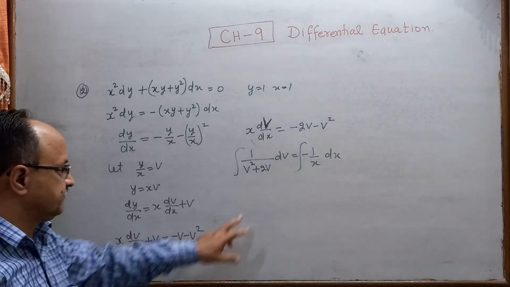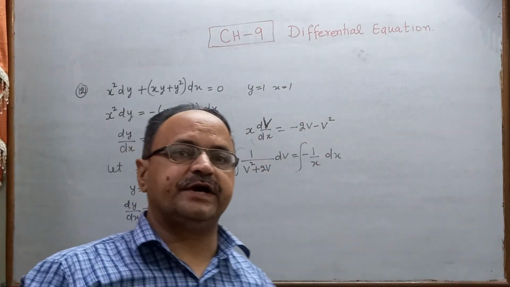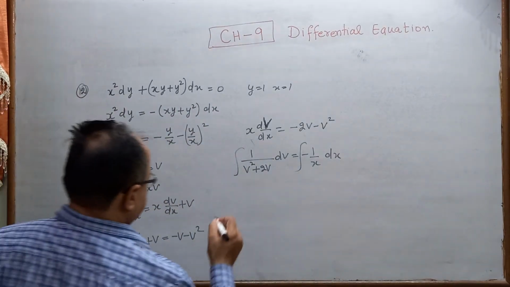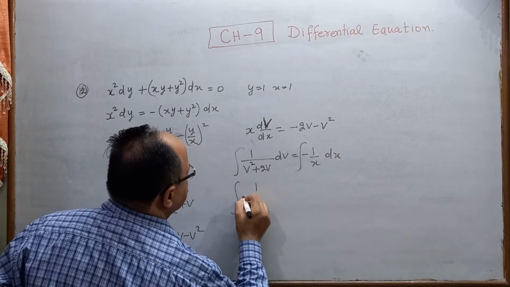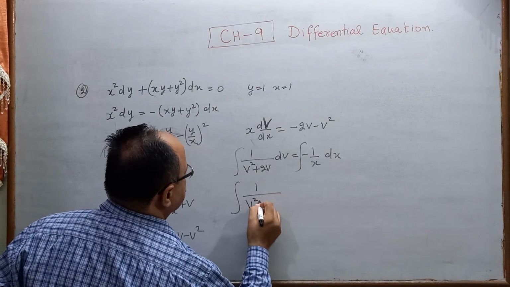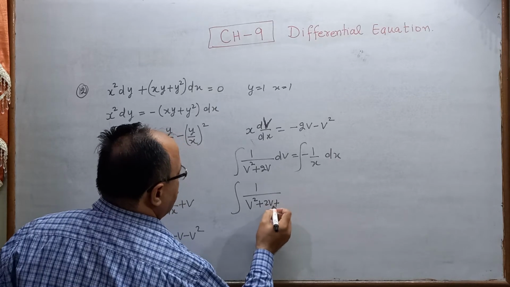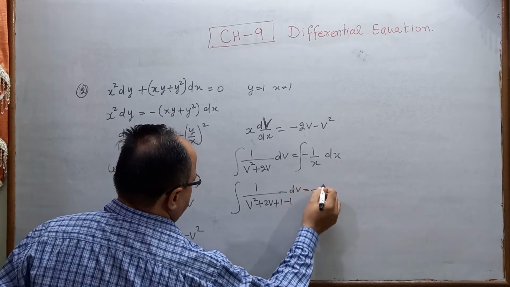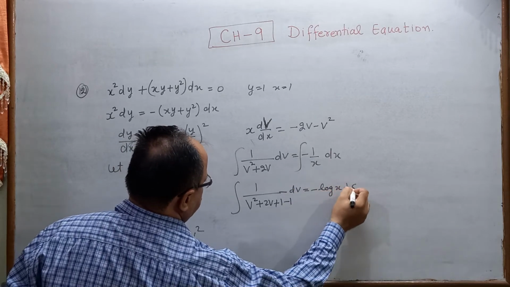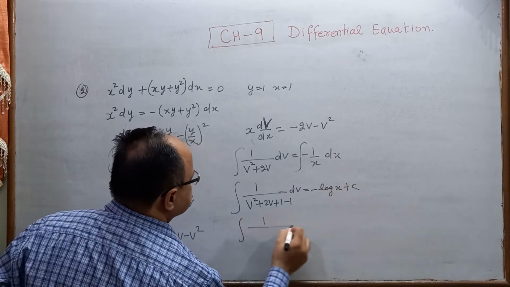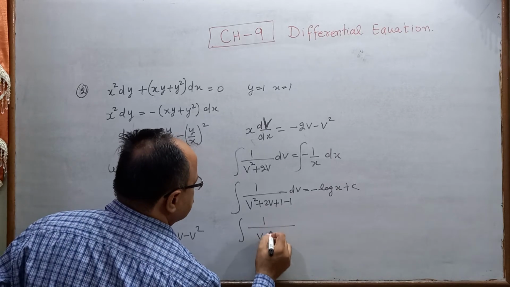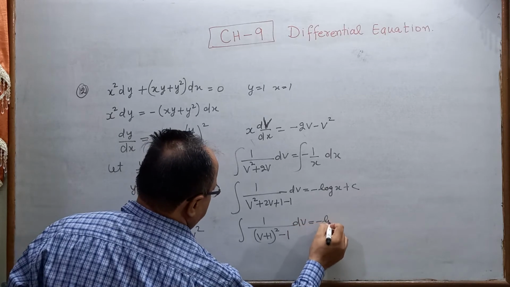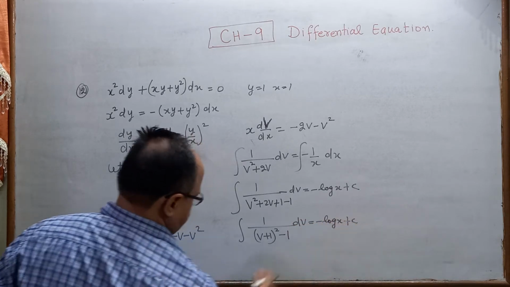And you know that it is the type 1 upon quadratic. Make it a perfect square, add and subtract 1. Integration 1 upon v square plus 2v, add and subtract 1, is equal to minus log x plus c. You know that this is the perfect square, v plus 1 whole square minus 1, dv is equal to minus log x plus c.